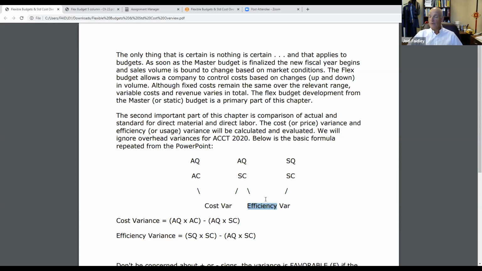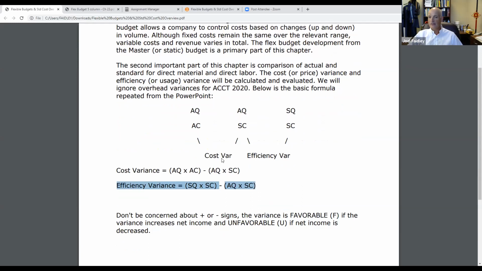Did I use more hours than I was supposed to in producing whatever it is I'm producing, or did I use fewer hours? So that's efficiency, and there's the calculation there. Cost variance, right? And your efficiency variance. So you really need to make sure you print this out and understand this as you work through these exercises, as well as on the exam.